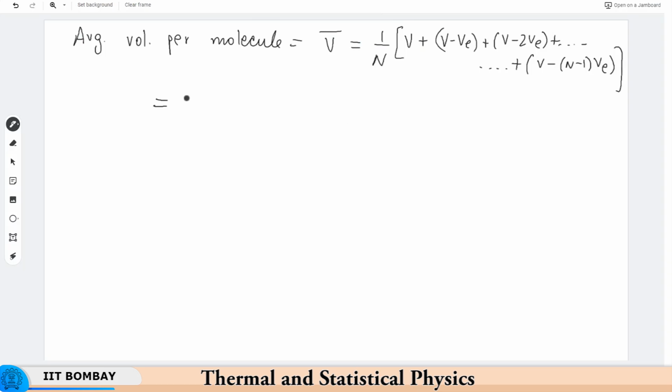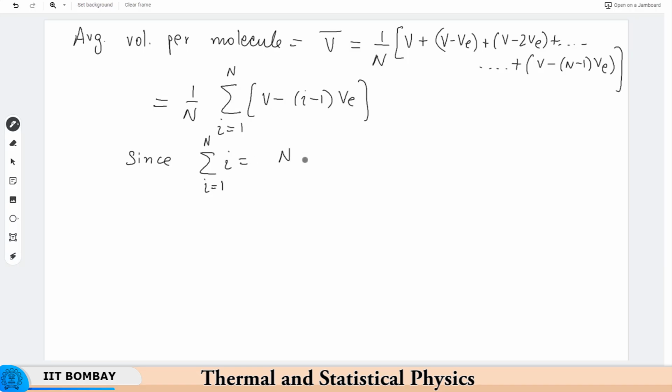This can be written as 1 divided by n, sigma i going from 1 to n, of V minus (i minus 1) VE. Using the equality that sigma i from 1 to n of i is n times (n plus 1) by 2, the average volume becomes 1 by n times [nV minus n times (n minus 1) by 2 times VE].